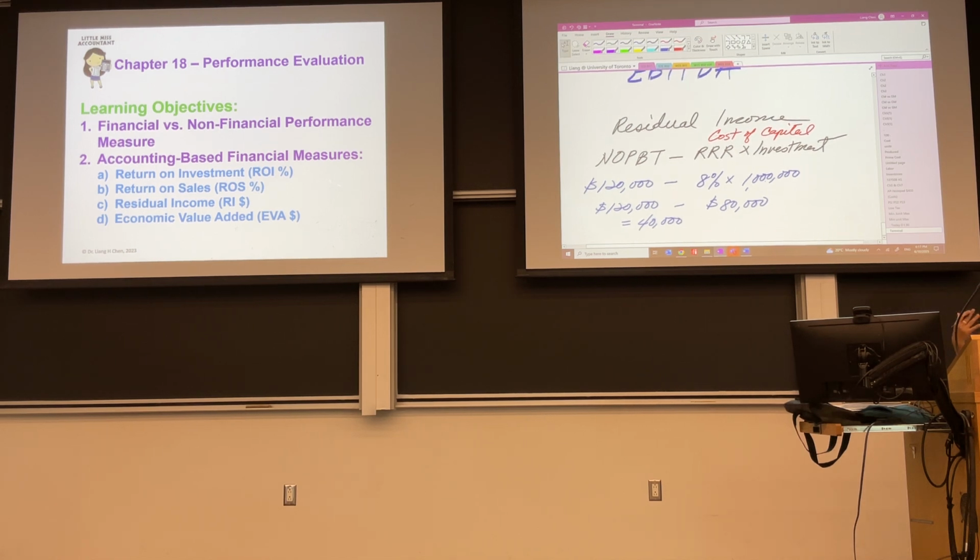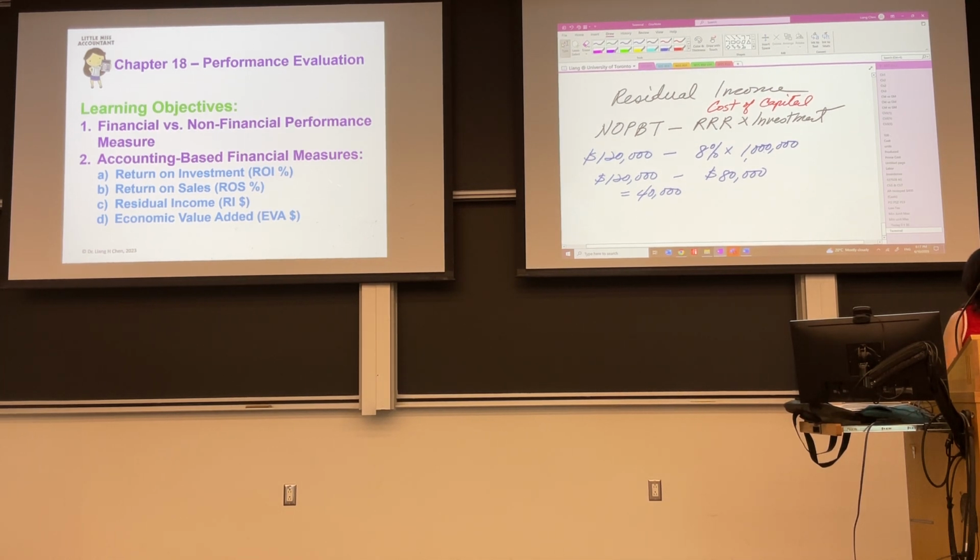You add value to the company, you should get rewarded. The problem with this approach is it's an absolute amount, so it is always in favor of a bigger division, because bigger division, bigger profit minus cost of capital is still a bigger number.